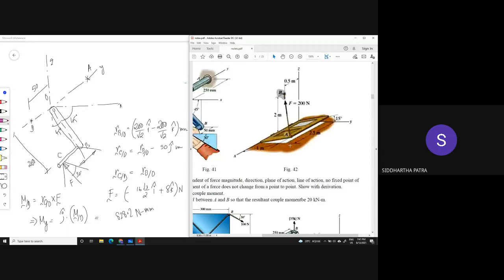Of course, cos 15 degrees is very close to 1, but that essentially is the y component of the coordinate. The x component, however, is 2.5 meters. So just be careful with getting the coordinates of point A. 1 meter is the total distance from the x-axis.